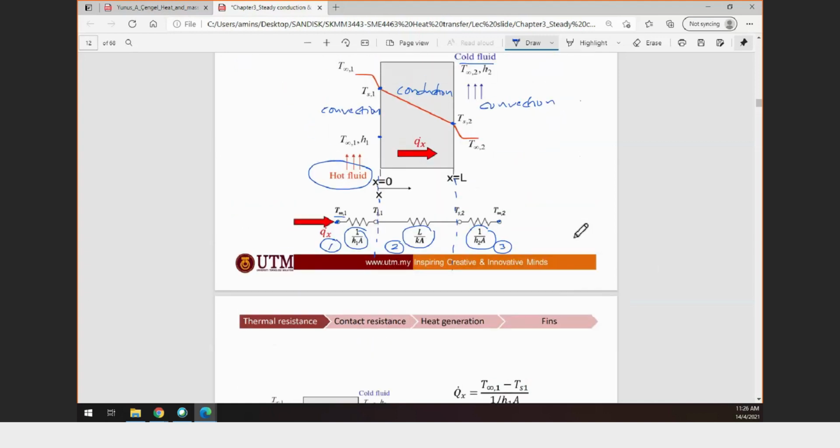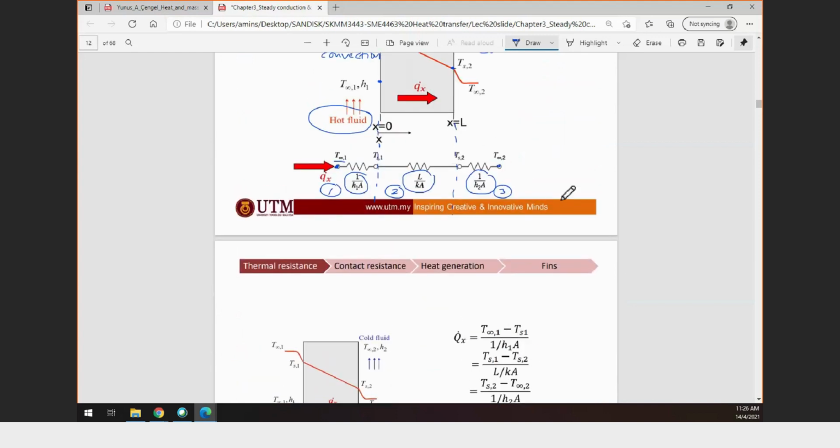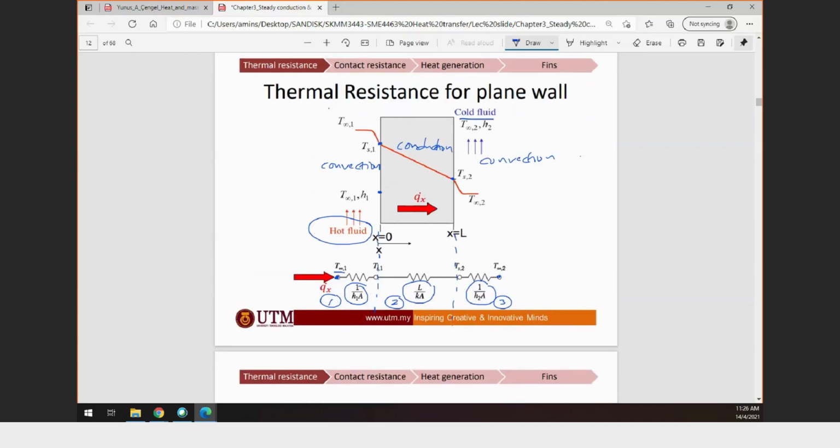So having these three resistances, you can combine them to calculate the total resistance, which is R total of these three resistances.